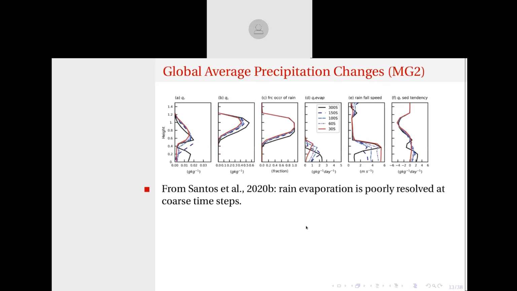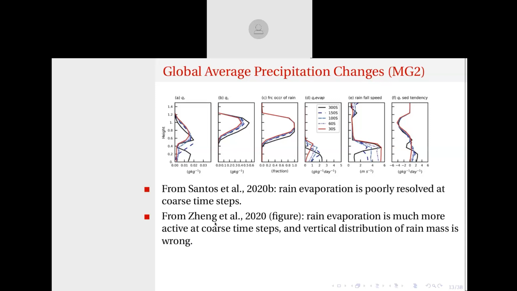There's also this single column experiment that was done last year. This is actually from Shuiwang Zheng at Lawrence Livermore National Lab. She found in a single column study in E3SM that the rain evaporation is much more active at coarse time steps, and also the vertical distribution of rain mass is not very good. So in these graphs, the black line is from the default time step, and the red is what happens if you reduce the time step.